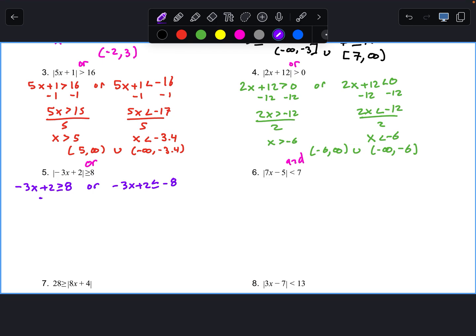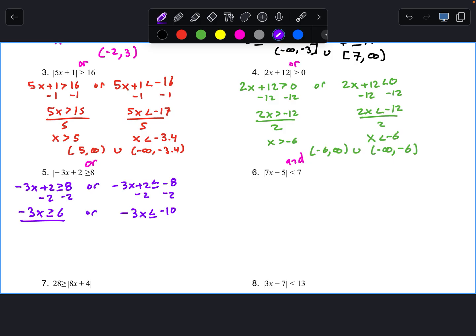Solving with my inverse operations, I now get -3x is greater or equal to 6, and -3x is less than or equal to -10.